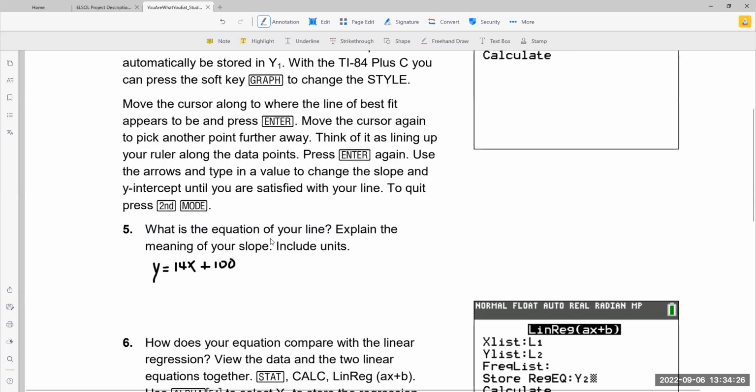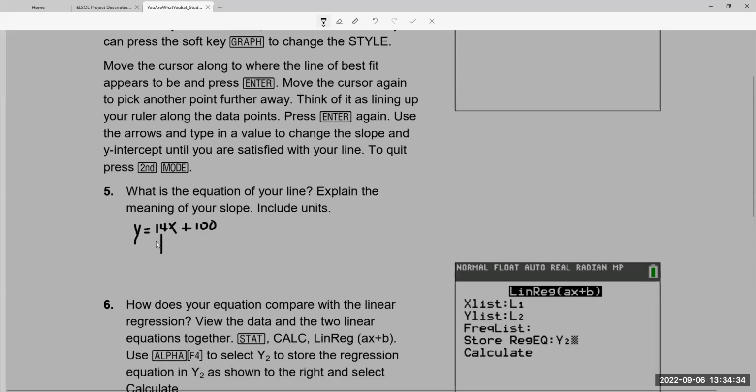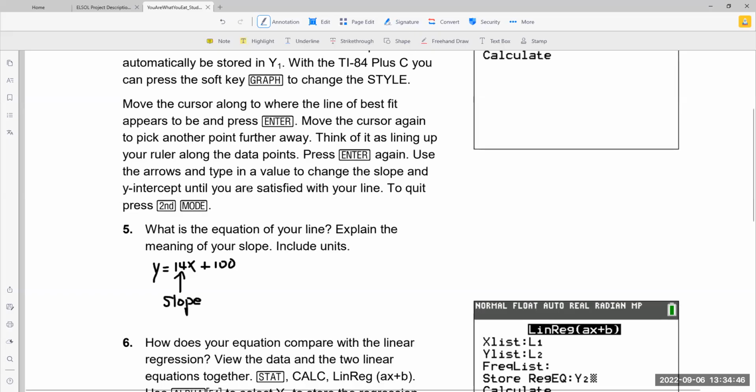And you have to try to explain what is the meaning of your slope. Of course, you know that this here is a slope, and we kind of already talked about what the slope does. It tells us something about calories and fat.